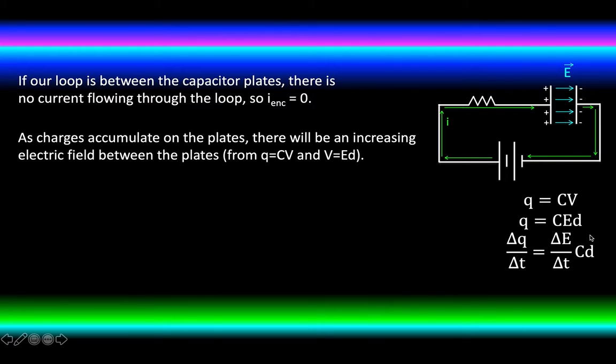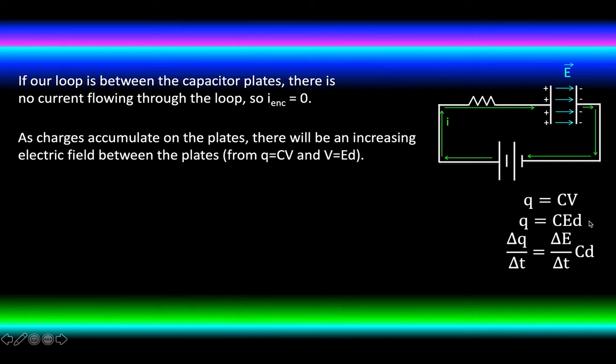So if I were to look at the rate at which charge is being deposited onto the plates, the rate at which charge on the plates is growing is delta Q over delta T. Well, if I put a delta T in the denominator on the left-hand side, I have to do the same thing to the right-hand side.